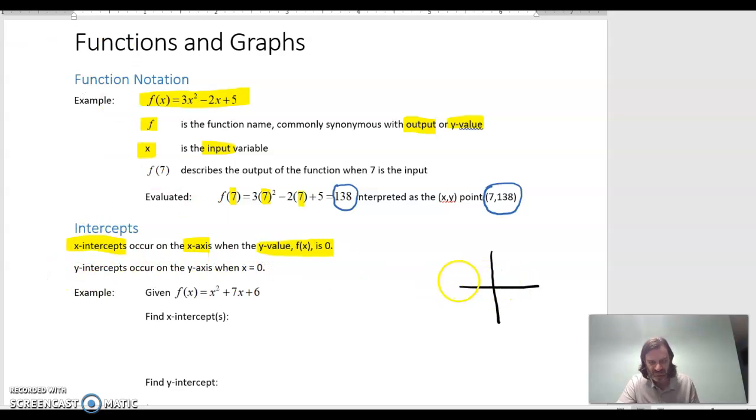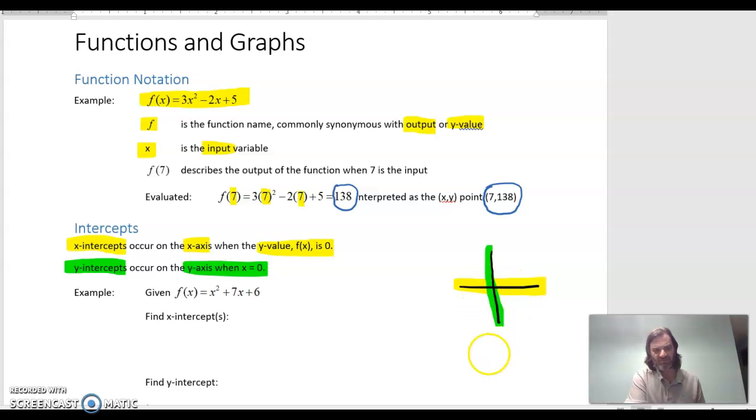The x-intercepts would be on the x-axis, and that's why y is 0. You don't go up or down. And the y-intercepts happen on the y-axis, which is when x is 0, so you don't move left or right. So that's the reasoning behind what you would assign 0 here.